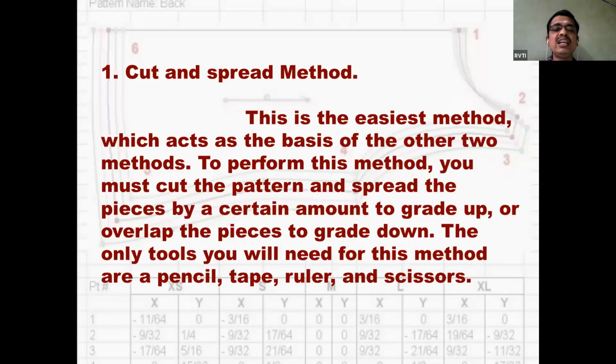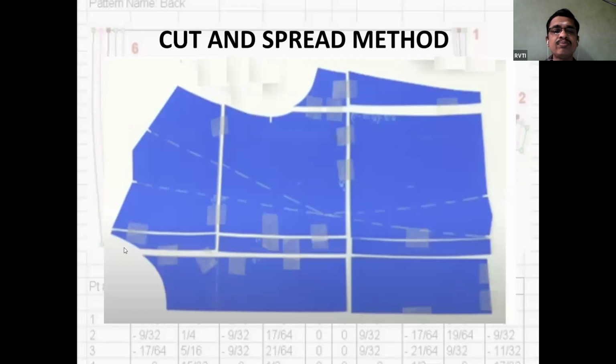We can easily do this method, and we need only pencil, tape, ruler and scissors. See this diagram. First, they take one size pattern and cut the pattern at the important places.